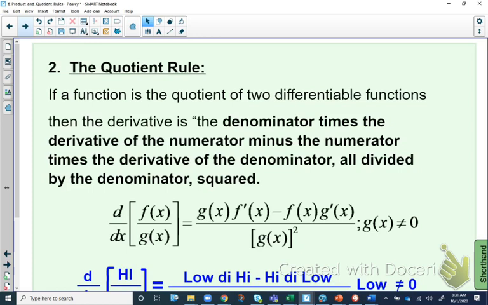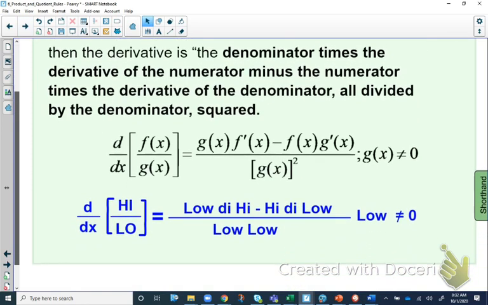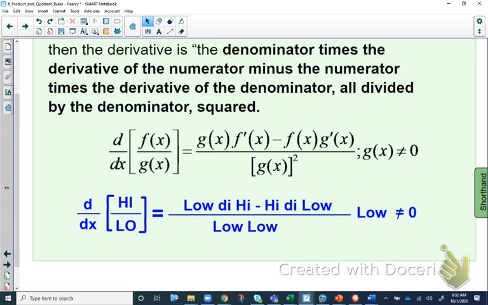So here the quotient rule is kind of a variant on the product rule, because if you notice in the numerator, we're still taking the derivative of one piece and multiplying it to whatever the original function was. But in this case, we're not going to take the sum of the two terms. We're going to take the difference of the two terms.